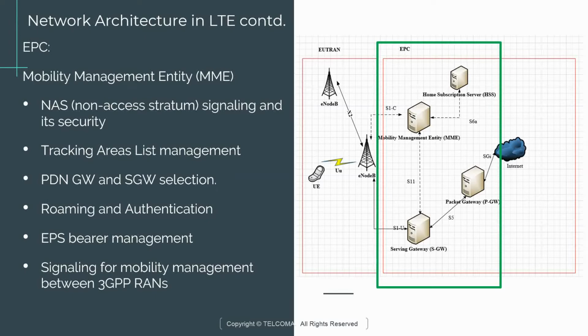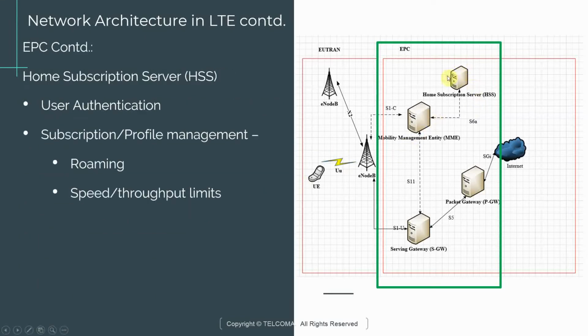You don't want your connection to drop. So the MME in this case makes sure that your connection is retained, and it's true the other way. You are in 4G coverage right now, and say you go into 3G coverage, and while watching YouTube, you don't want your connection to be dropped. So in this case, the MME makes sure that your connection is retained, and it takes care of all the signaling between the 2G, 3G, 4G networks.